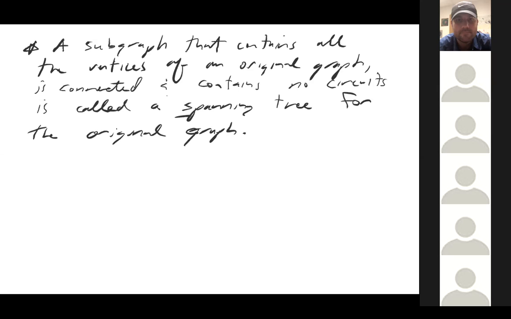This is the spanning tree. A subgraph that contains all the vertices of an original graph, is connected and contains no circuits, is called a spanning tree. So basically, here's the idea, guys. If I give you a graph, let's take this one for example, I'm going to make a big old graph here.